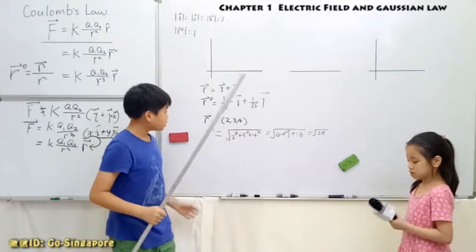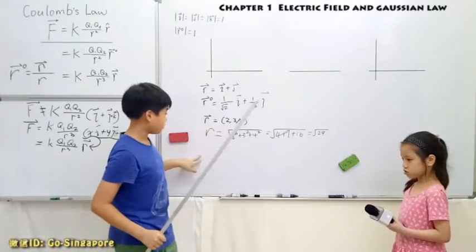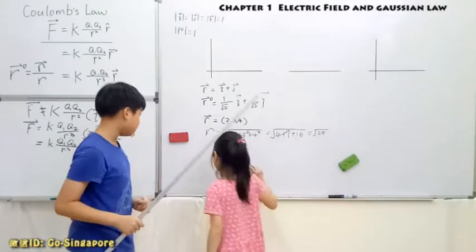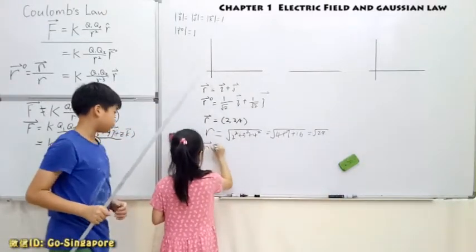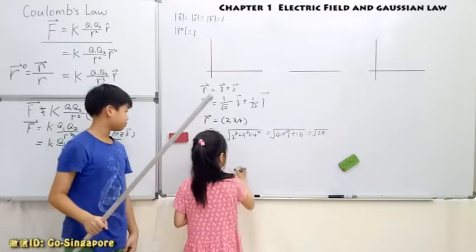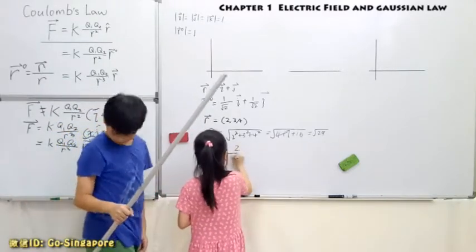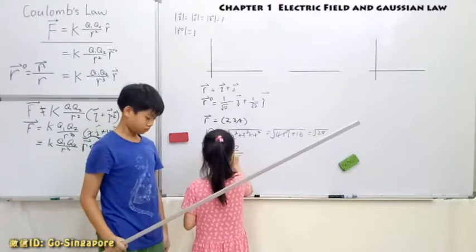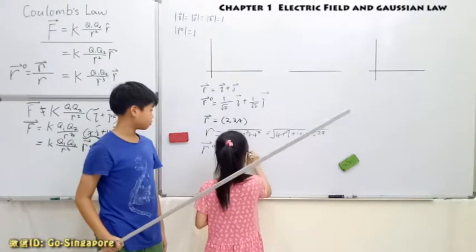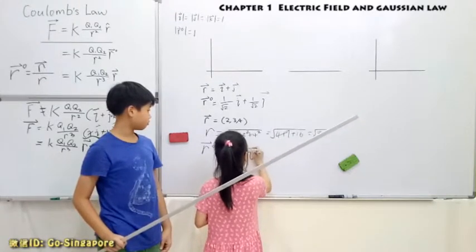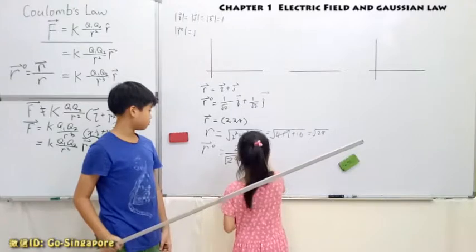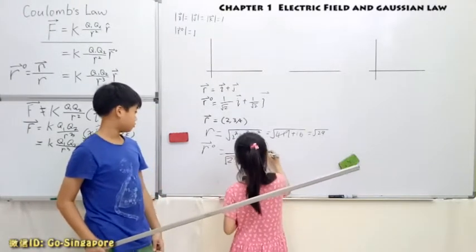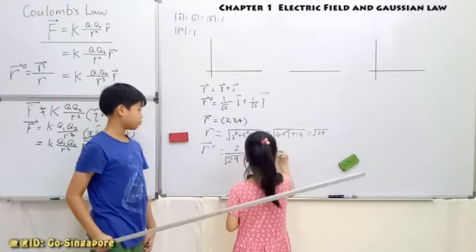So what if we write it as, so we continue to write it as in the unit vector? Remember, it's a 3.